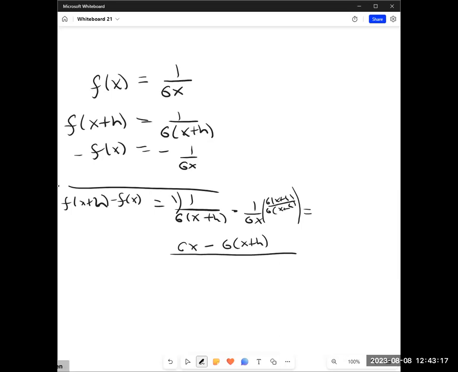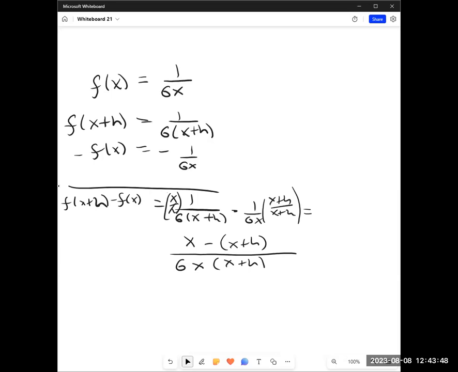I'm just going to multiply by x over x here, and I'm going to multiply by x plus h over x plus h, because I've got 6 as a factor in both of them. So this is going to be x minus x plus h over 6x times x plus h. There we go.